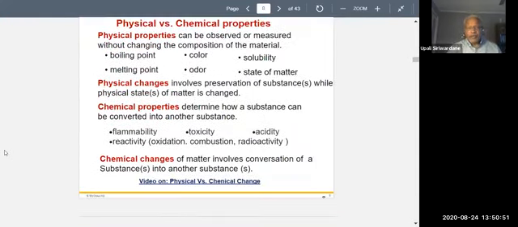We're going to understand the difference between physical and chemical properties and physical change and chemical change.